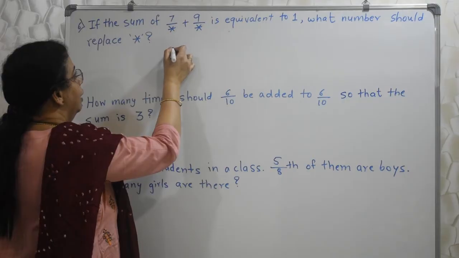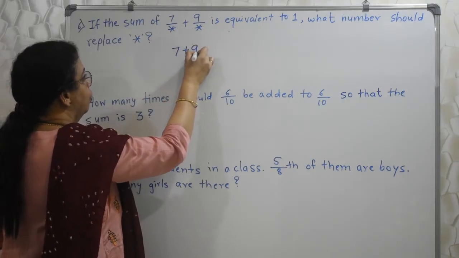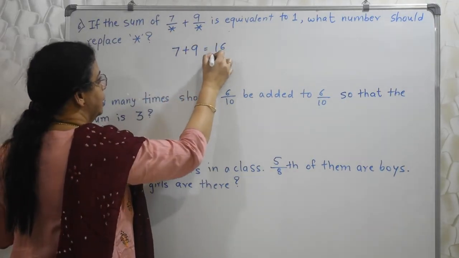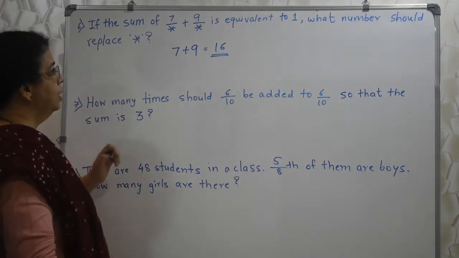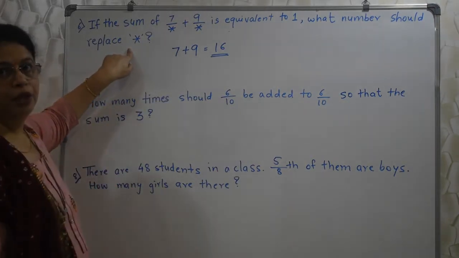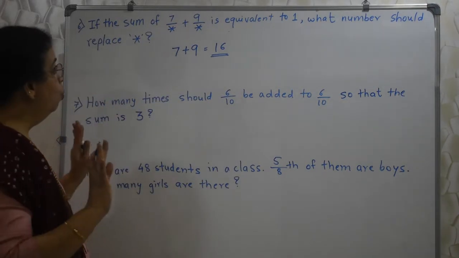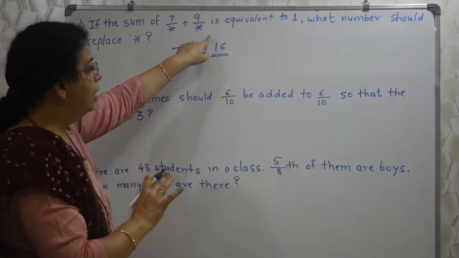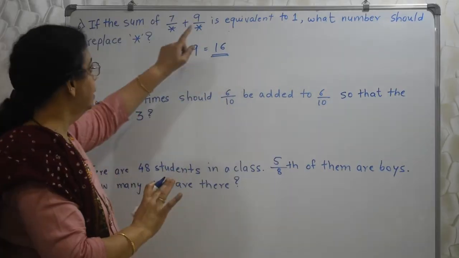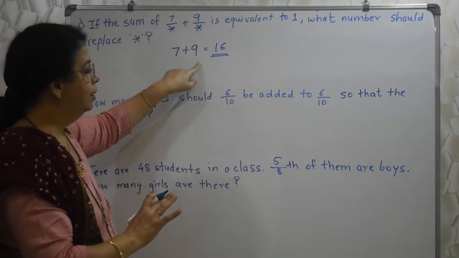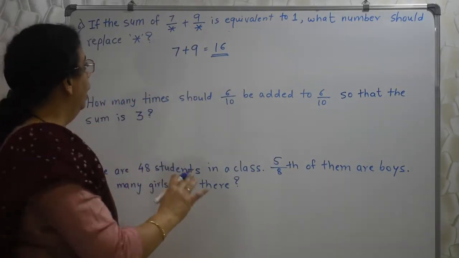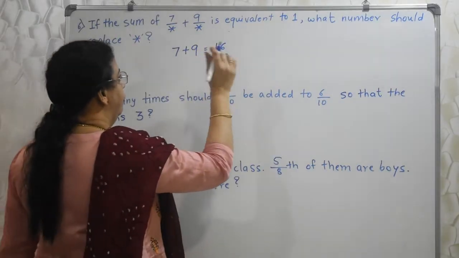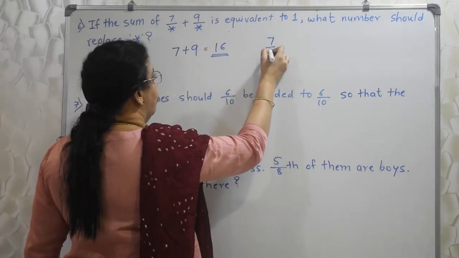Okay? What you have to do in this kind of sums? Just add whatever is there in the numerator. 16. So 16 should come in place of asterisk. Why? We will see. See here, first you learn. Whenever they ask you something like this, your job is just to add the numerators and give the answer. Okay? Why 16? That we will see now. 7 upon 16.